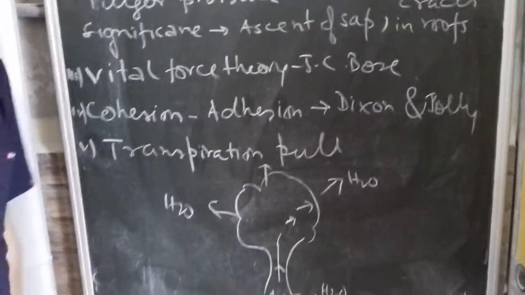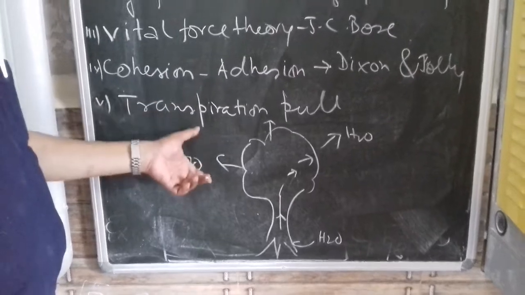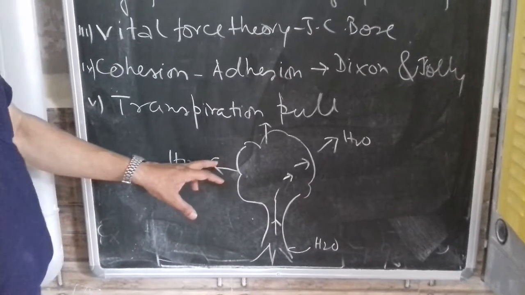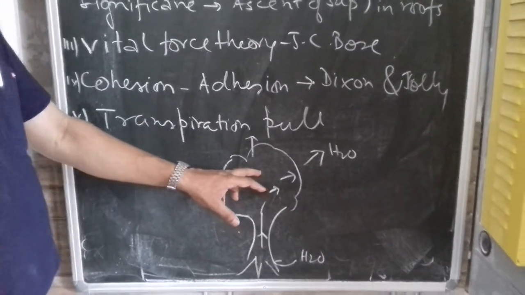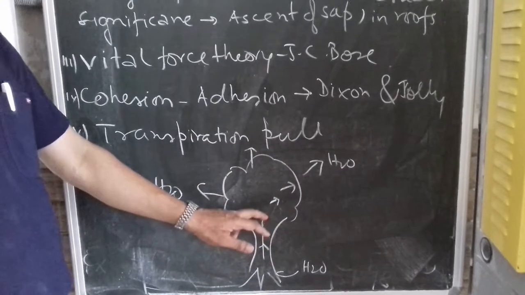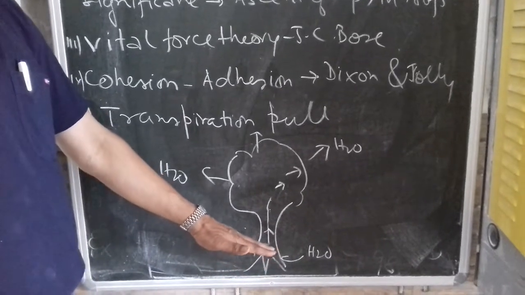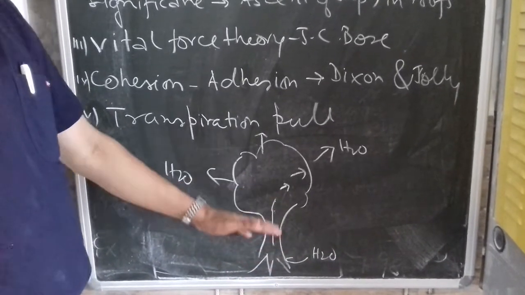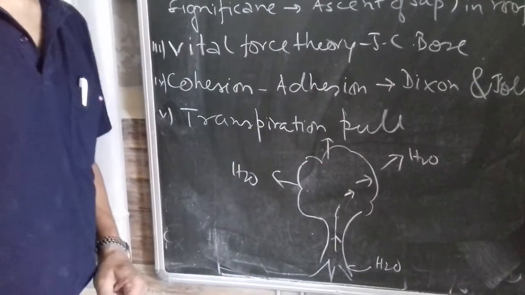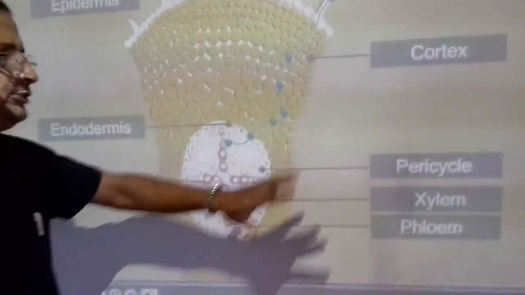This is an important factor which helps in the ascent of sap. This creates a suction force in the xylem elements which helps in the continuous flow of water from the root towards the leaf. Now we are going to see how it takes place in the root.